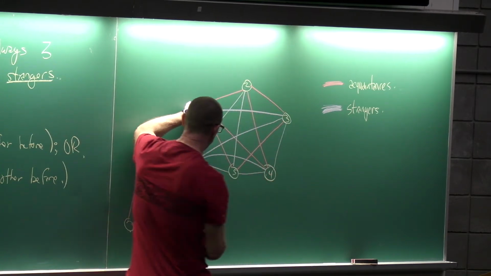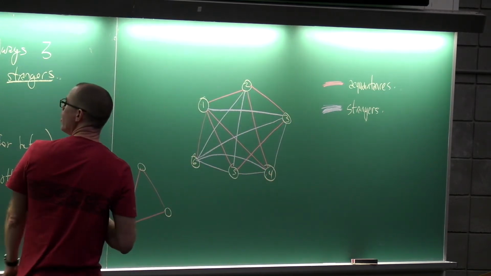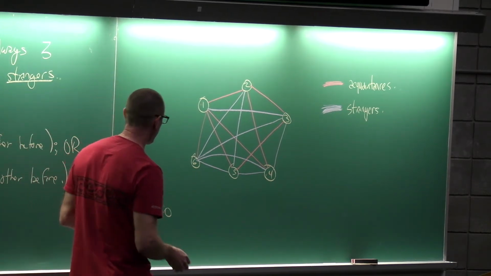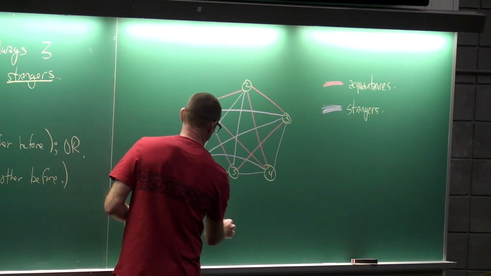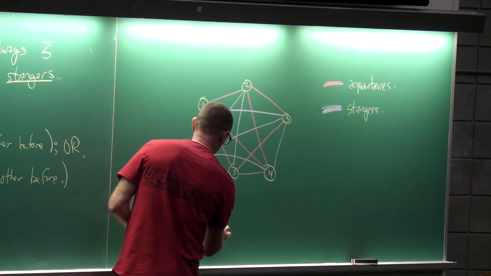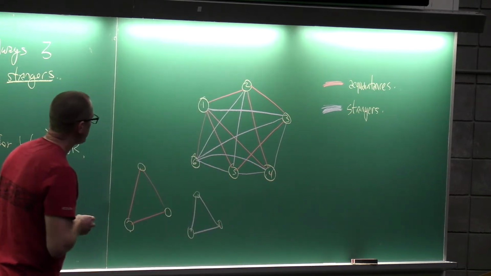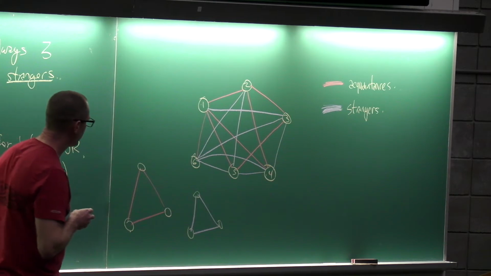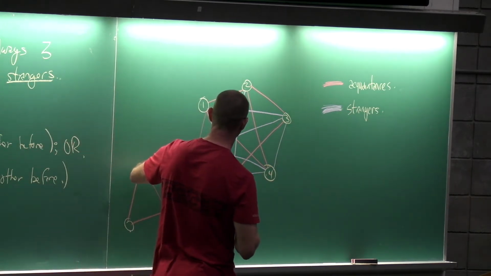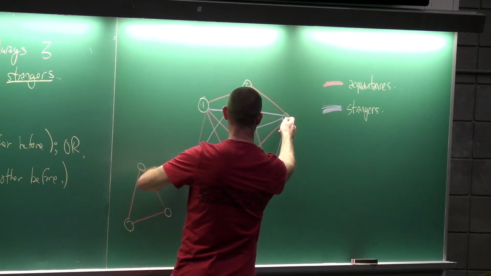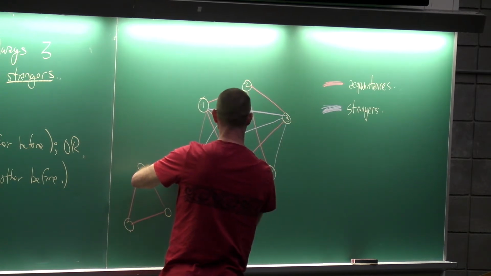So for example, in this particular group, there are 3 mutual acquaintances and 3 mutual strangers, which is a purple triangle. Is there one of those in this picture? 6, 3, and 4, indeed.